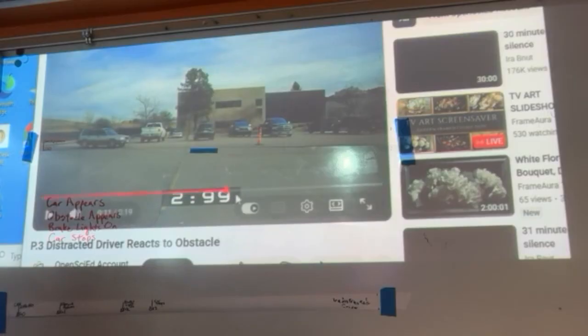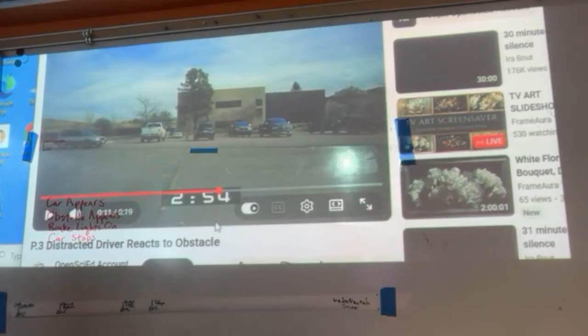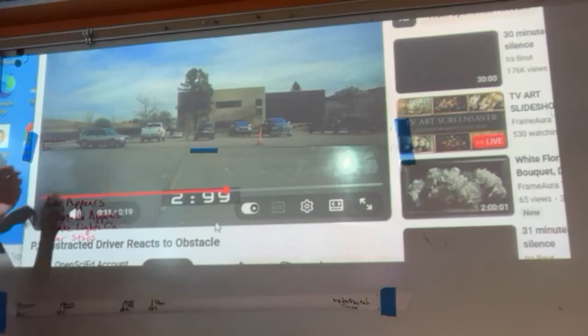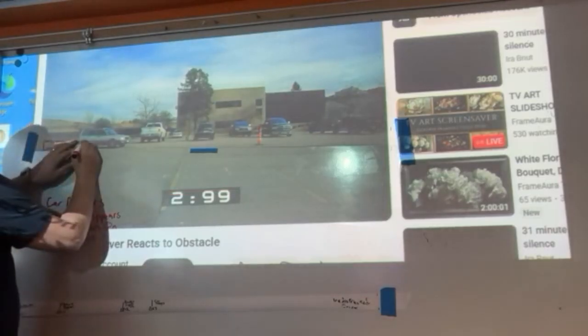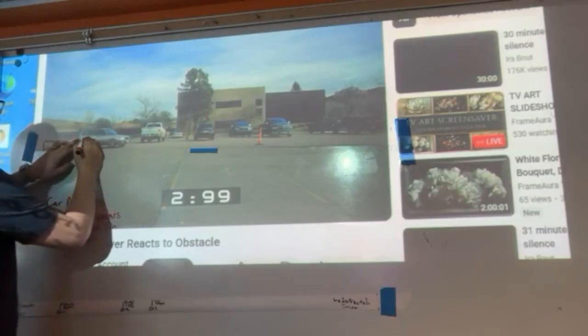Okay, it was right before 2.99. That's delta x1. Obstacle appears.